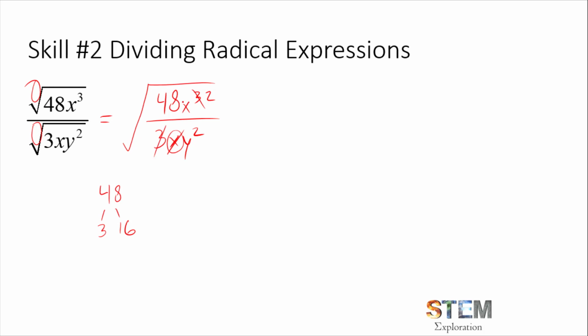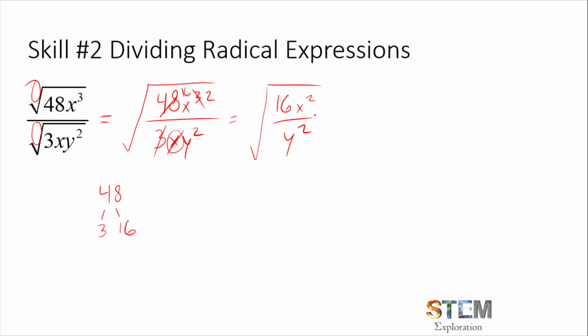So I can cross out 3, I can cross out 48 and replace it with 16. So what that allows me to do is I can take 2 individual square root values that were a little bit more difficult to deal with, and I can simplify it into this 16x squared over y squared format.